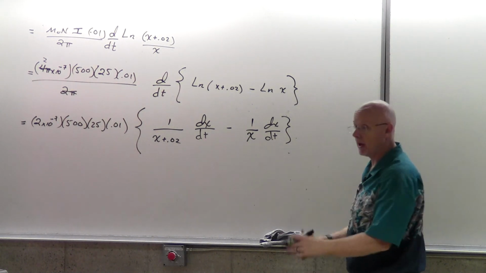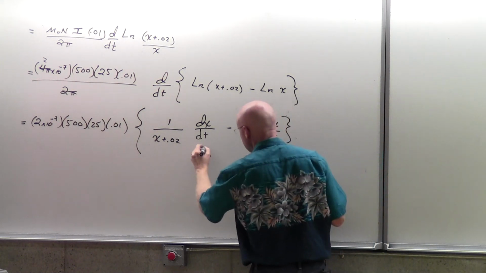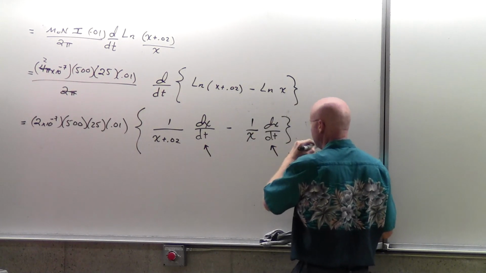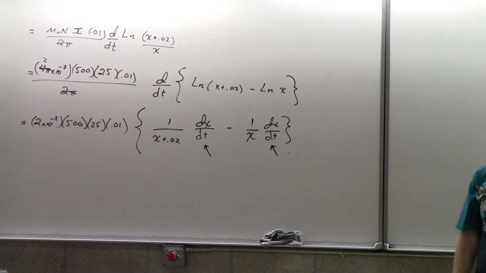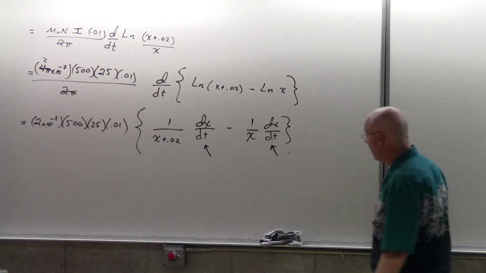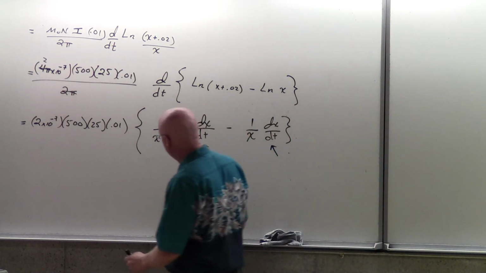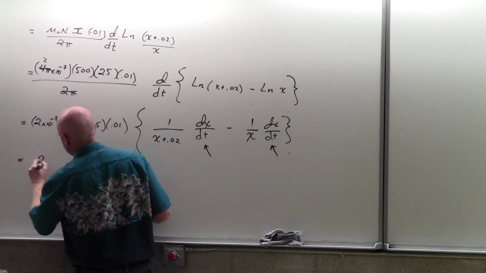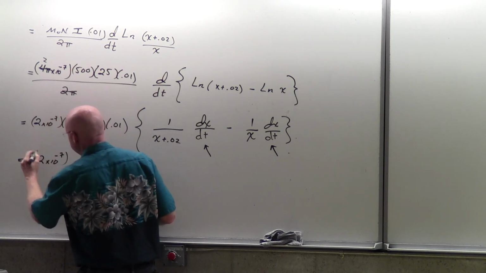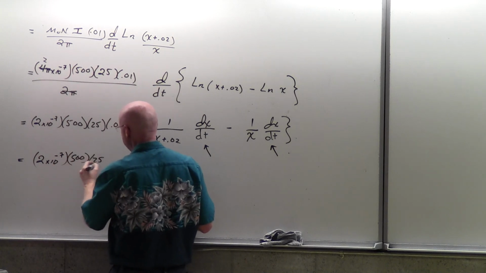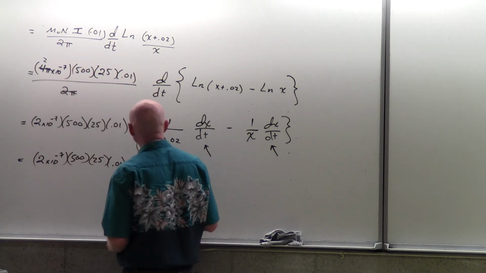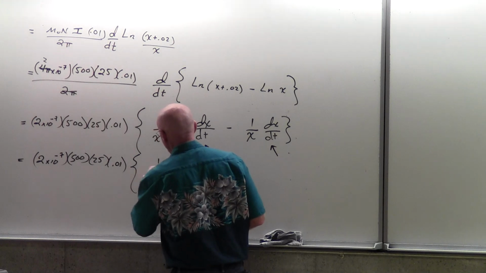And of course, what would I call dx dt? Yeah, exactly. Isn't that the velocity? All right. So if I put in my numbers here, this would be 2 times 10 to the negative 7. This would be 500. This would be 25. This would be 0.01. And then this would be 1 over.